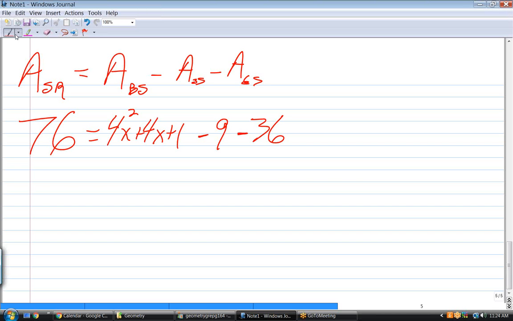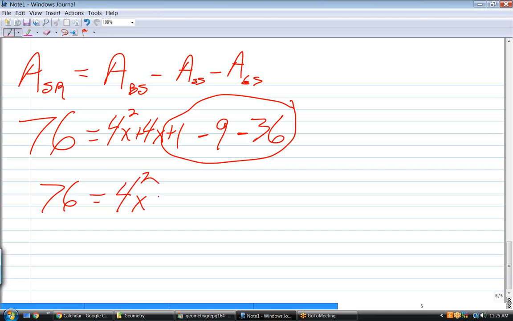Okay. So we could do, well, let's add just the regular numbers together. Combine those three. What do you get? It's equal to 4x squared plus 4. 36, 45, 40, negative 46.